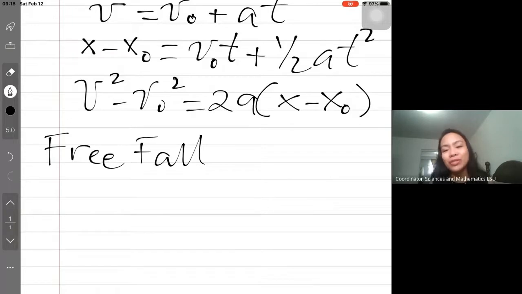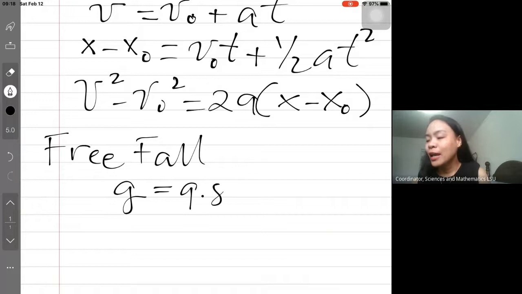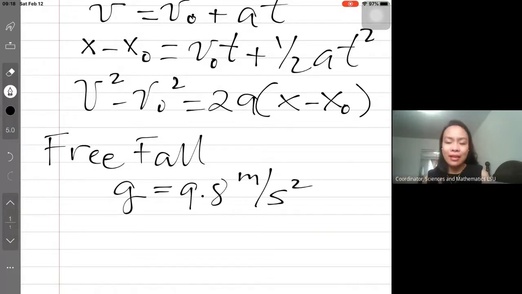Okay, so Newton said that all objects are pulled towards the Earth's core by gravity. Okay, so we have our constant value for the acceleration due to gravity g, which is 9.8 meter per second squared. Okay, that is the pull towards the Earth's core.